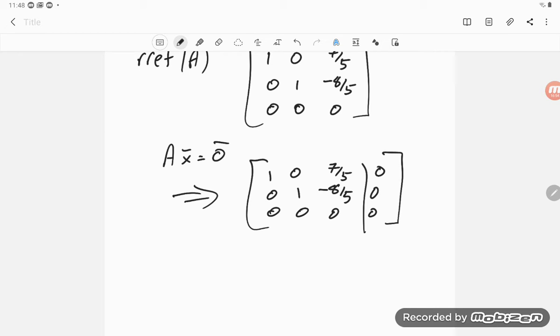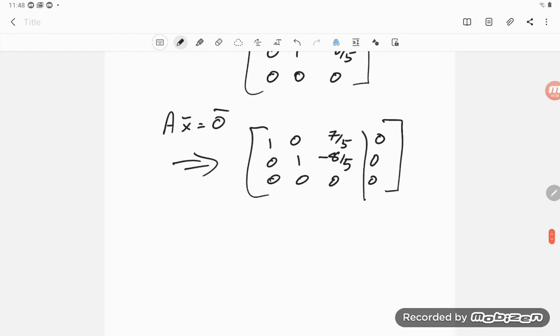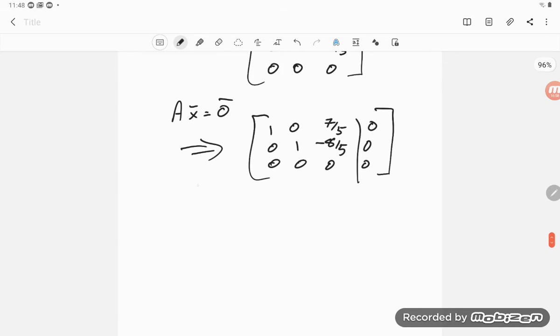So that's what it leads to. And so what that would say is that x1 plus 7/5 x3 equals 0, and x2 minus 8/5 x3 equals 0.